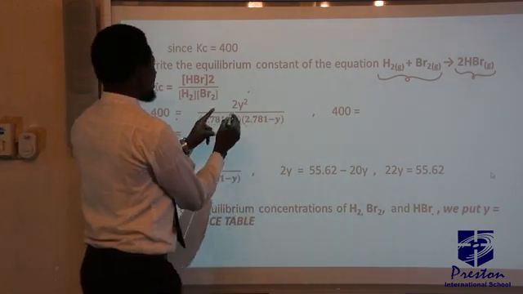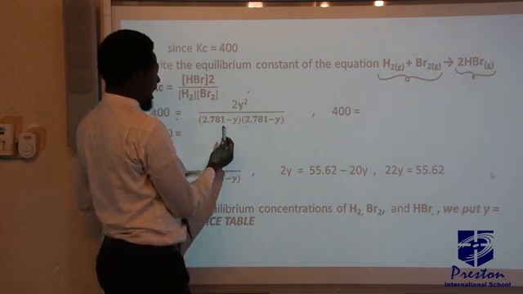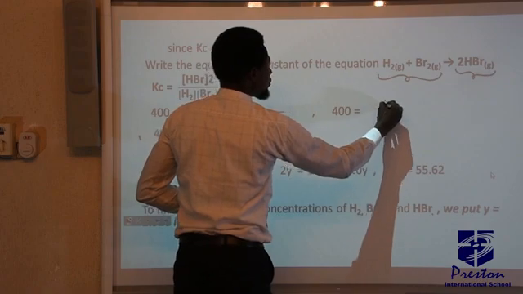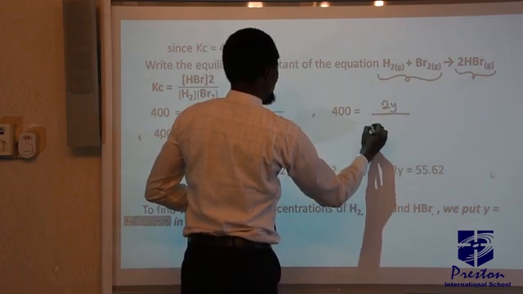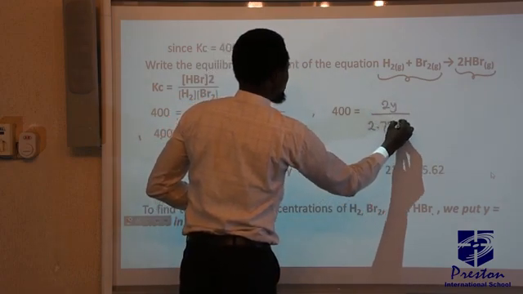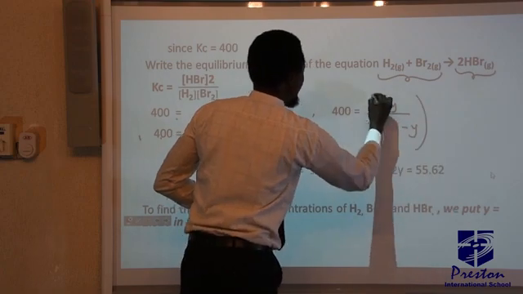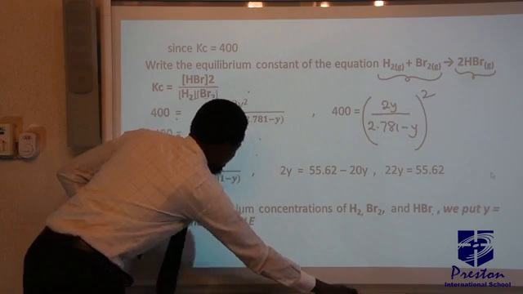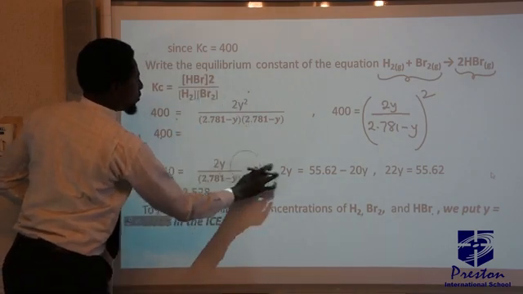Then from here, since the denominator terms are the same thing, that is a square. So you now have 2y divided by 2.781 minus y, everything squared. Then from here, you find the square root of both sides.